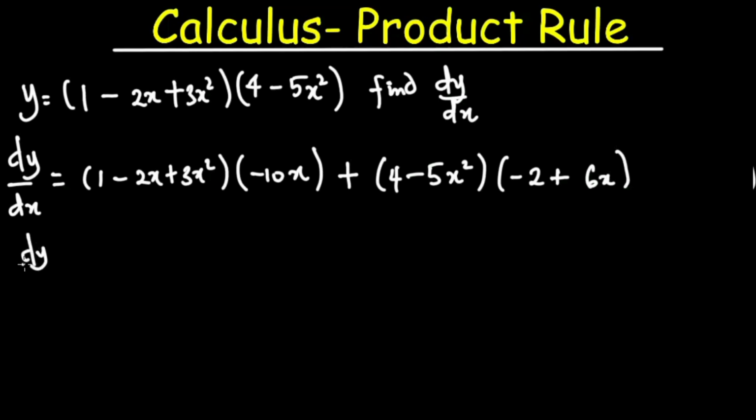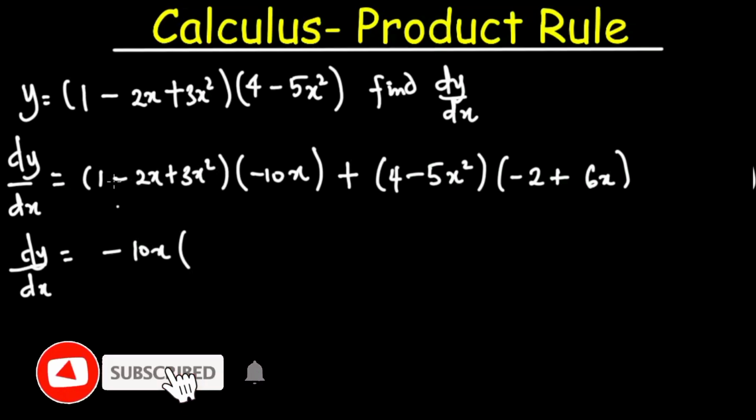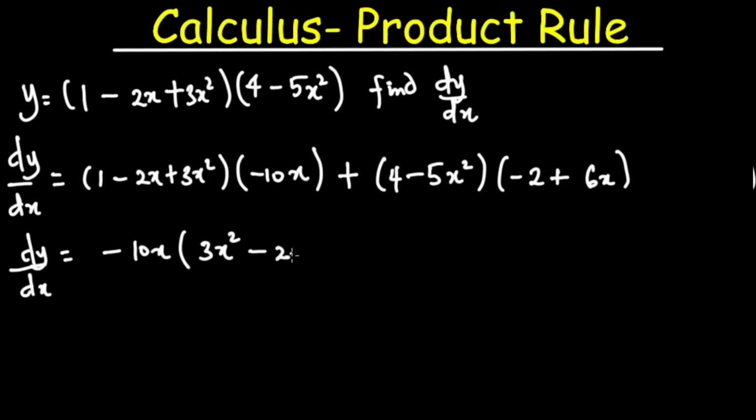So my dy/dx will be equal to minus 10x into, I can rewrite this in such a way it is a quadratic equation, so 3x squared minus 2x plus 1, plus, I can write this as 6x minus 2 multiplied by 4 minus 5x squared.